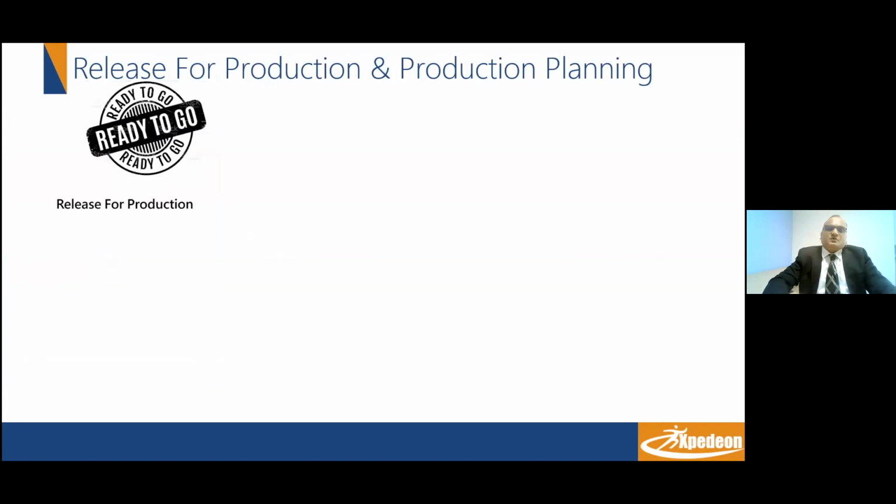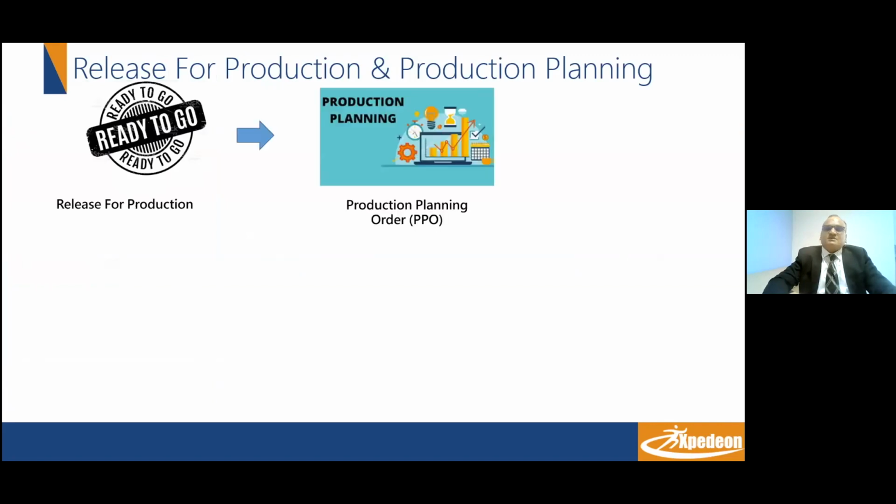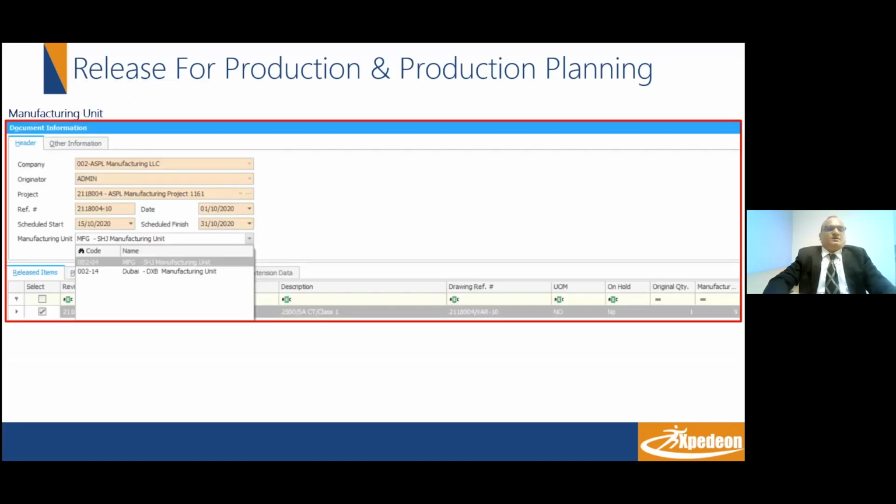Next is production planning based on the DTS released to shop floor for production with the BOM linked with the plan. Production can be routed to various manufacturing units as per the requirement.